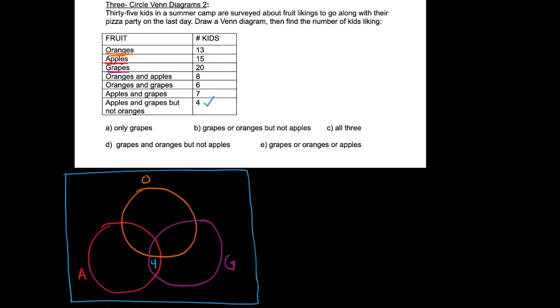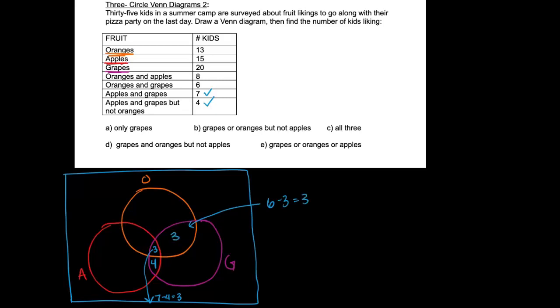And then let's see, apples and grapes. So this whole entire intersection needs to be 7. So since there's already a 4 there, all I need to do here is 7 minus 4, and that gives me 3. So there's going to be a 3 there. Okay, oranges and grapes. So oranges and grapes together, that would be this section. Well, I've already got a 3 in that section. So if that total needs to be 6, then I'm going to take off the 3 and I get 3.